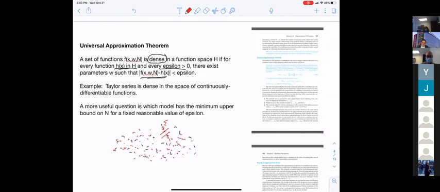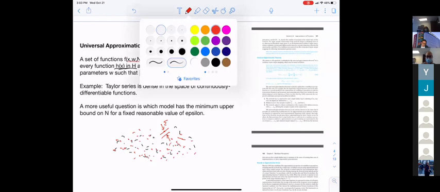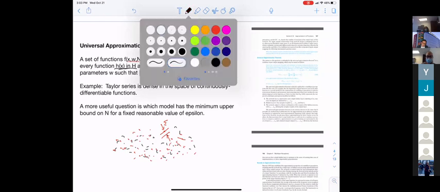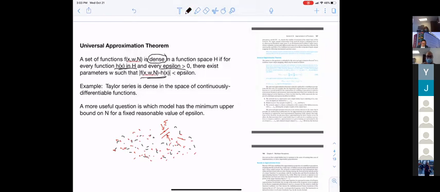So one example of that might be that the rational numbers are dense in the real numbers.